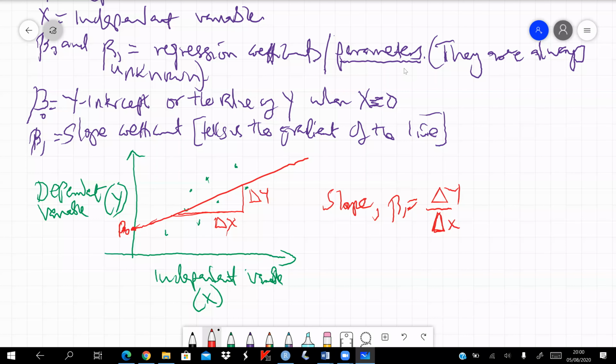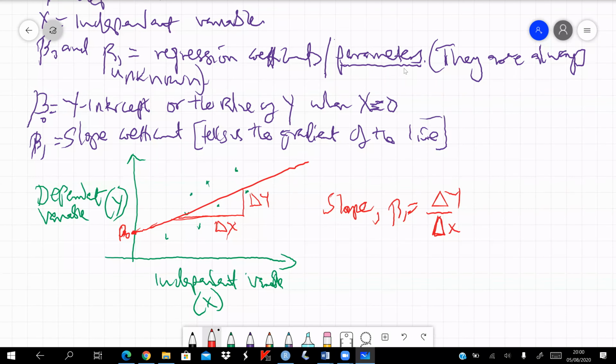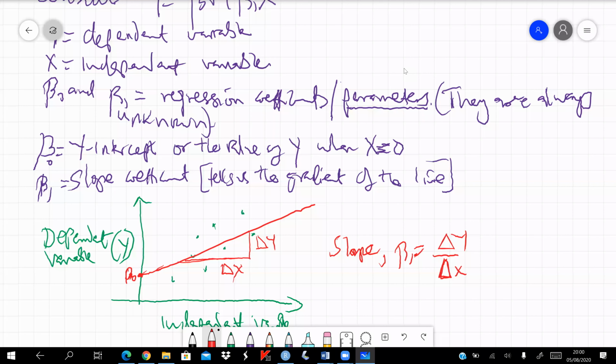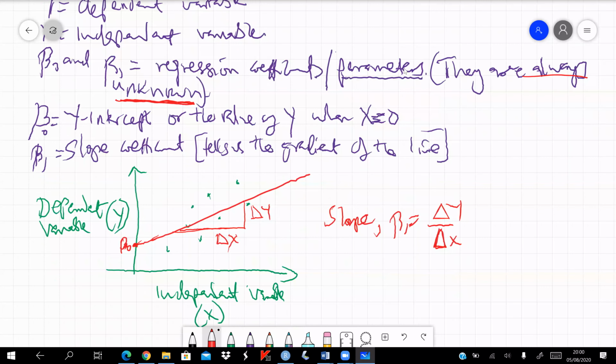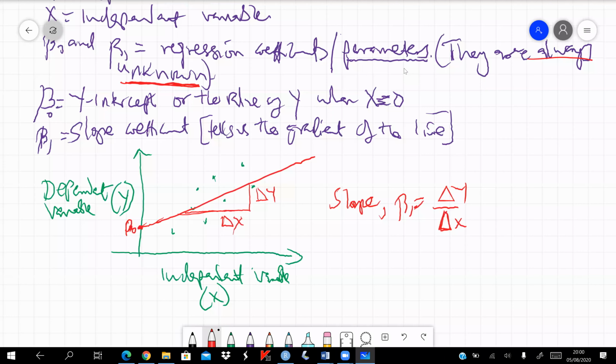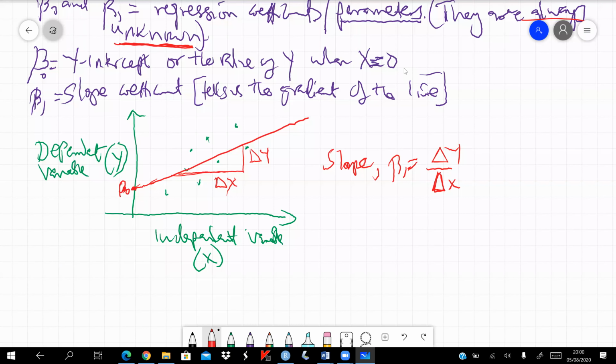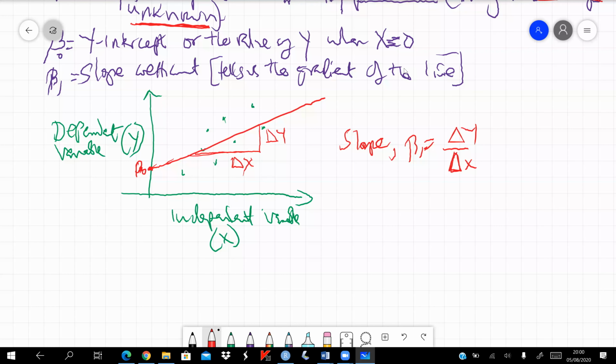Okay, so there are various ways, because already we have said that these parameters are always unknown. There are various ways of estimating these values. And one of the most widely used methods of estimating the values of beta naught and beta 1 is what you call the ordinary least squares method.